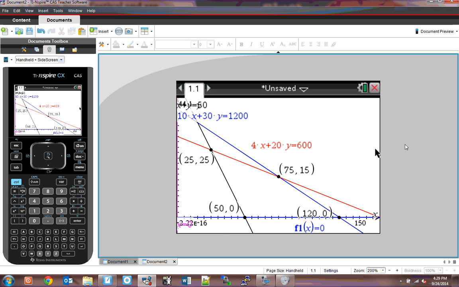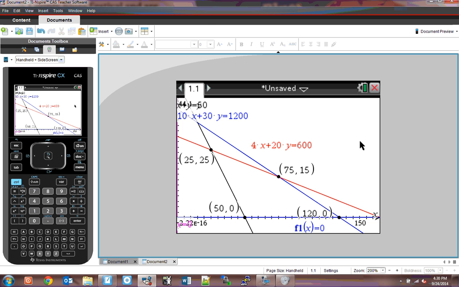Now, at one of these values, which we're going to test and figure out, our maximum amount of profit is going to occur. We need to test all four so we can find our maximum amount of profit. So make sure you have these 4 points written down: 25, 25; 50, 0; 75, 15; and 120, 0.